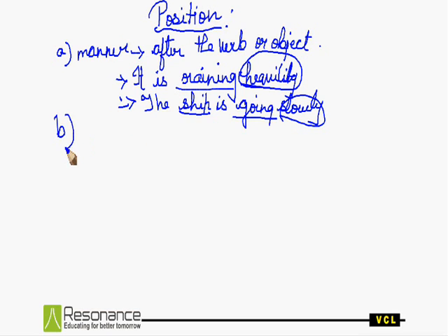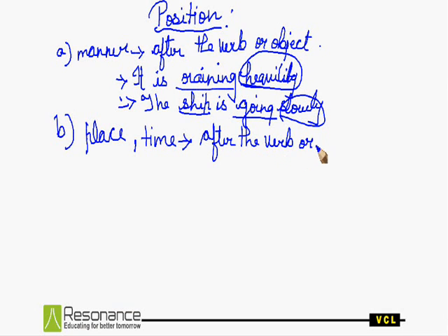Now the second is adverbs or adverb phrases of place, which answer where, for example here, there, everywhere, on the wall, and of time, which answer the question when, for example now, then, yet, today, next Sunday, are also usually placed after the verb or object.